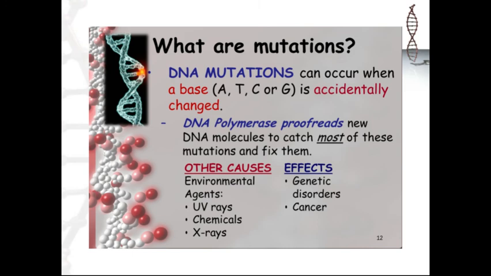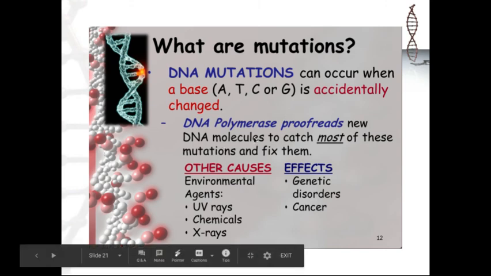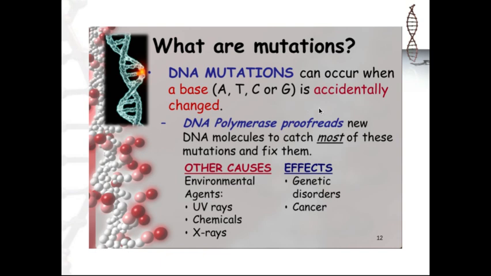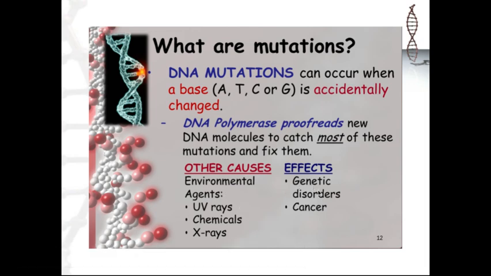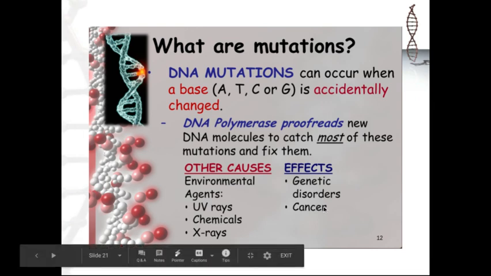Some of these mutations can be beneficial, some can be harmful, and some can have no effect at all. Besides DNA polymerase errors, mutations can also come from the environment: UV rays, chemicals, or X-rays. As a result, you can have genetic disorders or even cancer.